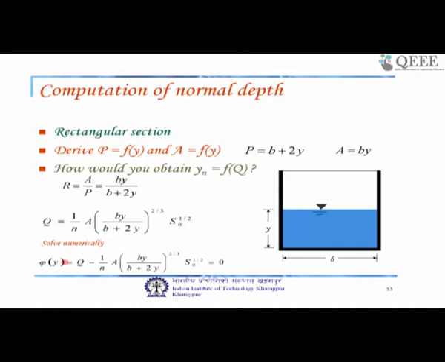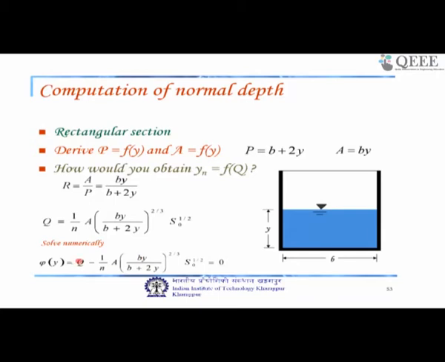If we solve it numerically, you can get the value of y, because in this case Q is known. That means for a given discharge, you will get a unique value of y.